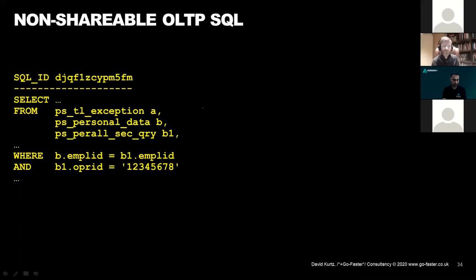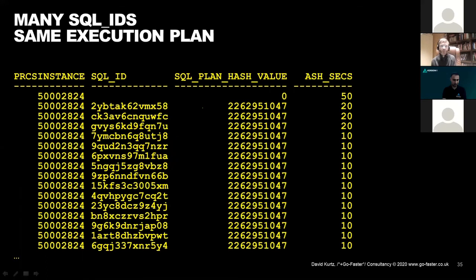What's going on is they've taken a query, grafted on a security view, and then grafted on the operator ID. But they haven't passed the operator ID as a bind. It's in there as a literal value. So when you come to profile the SQL, what you get is lots and lots of different SQL IDs that all actually produce the same execution plan.